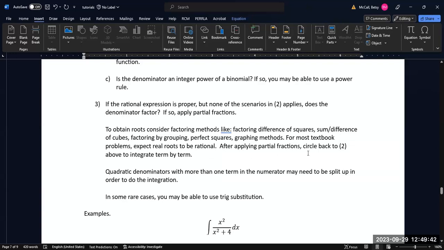The one thing that you want to keep in mind is, particularly in Calc 1 and Calc 2, and before you get much further on in your math education, you're almost never going to encounter problems that involve complex numbers that you're going to have to work with as complex numbers.